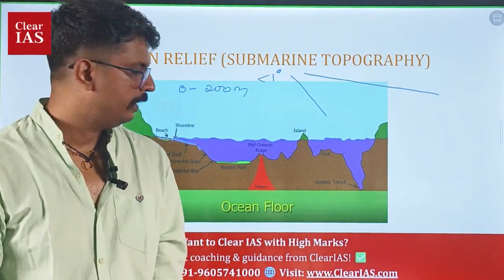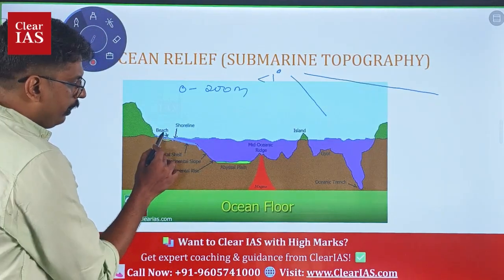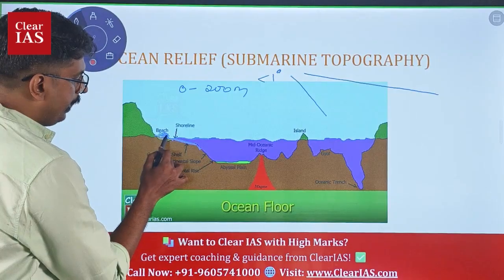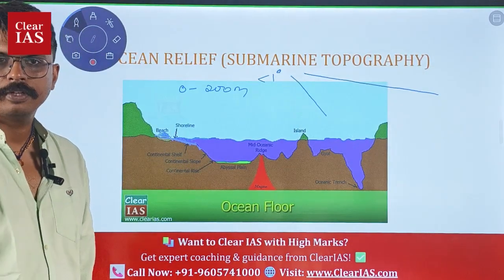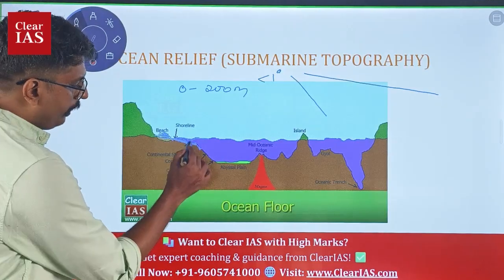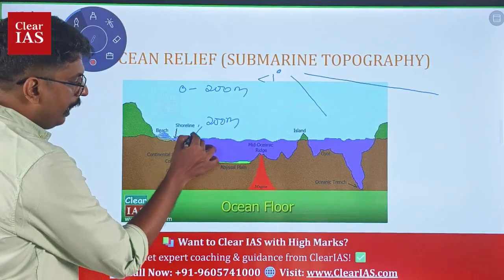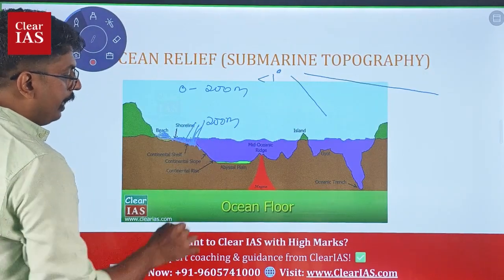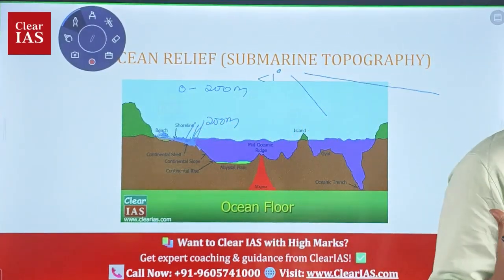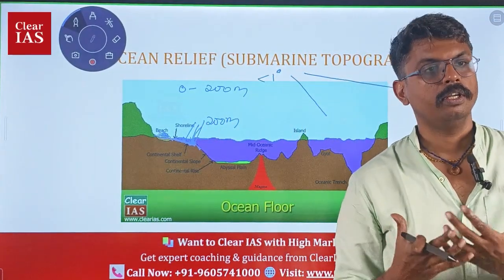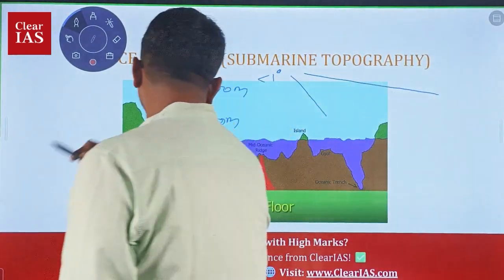Okay. Now, what all can we say about the continental shelf? All the resources from the land which will be carried out by the wind would be deposited in the continental shelf. Yes or no? And the depth of the continental shelf will not be very high. It would be less than 200 meters. So sunlight will enter till the bottom, and that is why you can see a lot of phytoplankton and a lot of fishes, and this would be the major fishing areas.